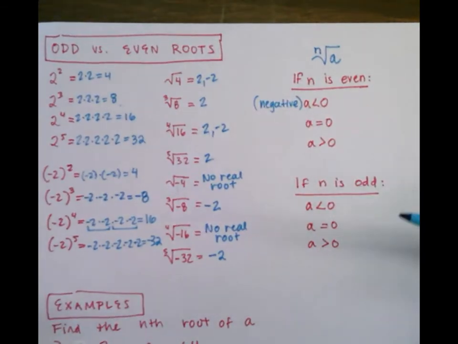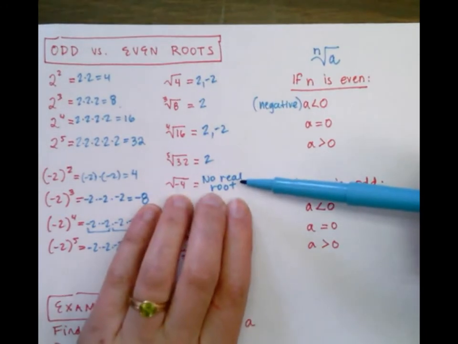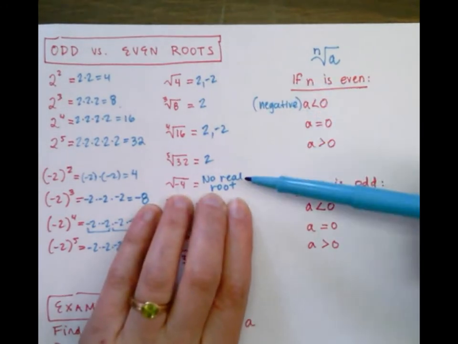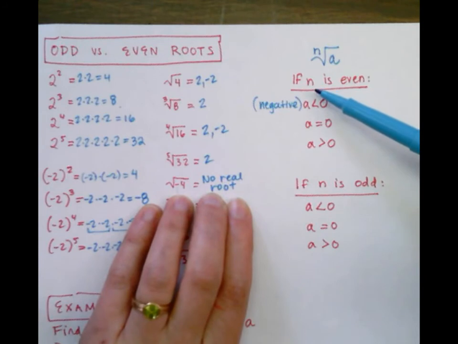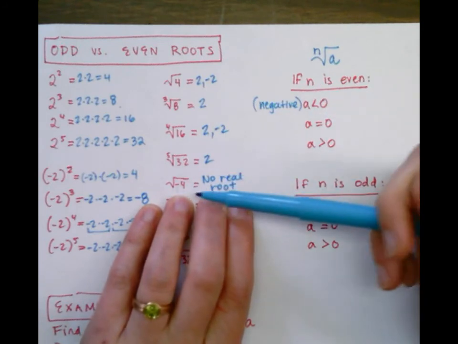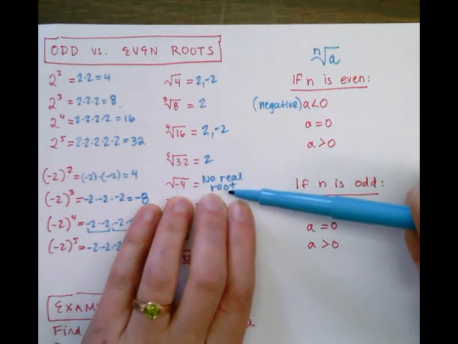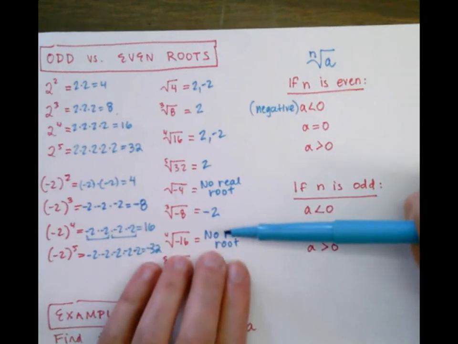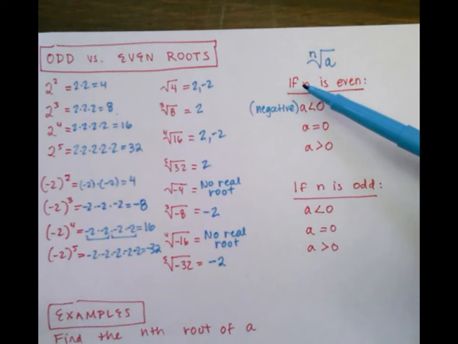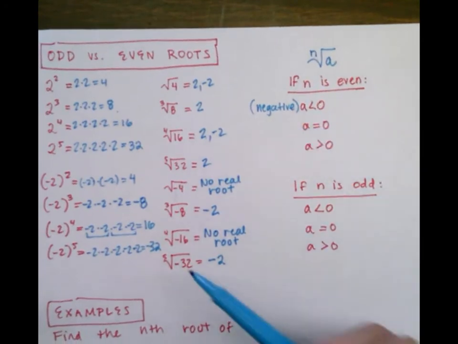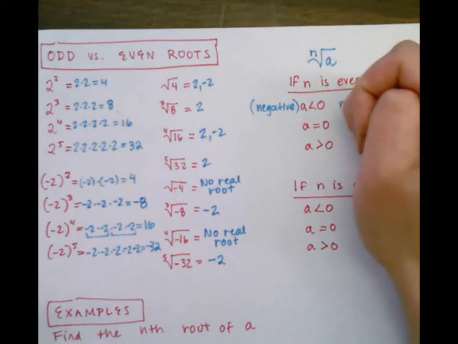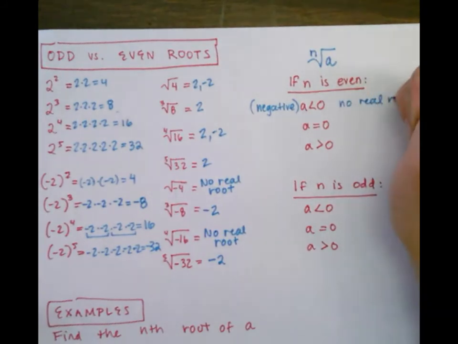Well, there were 2 times where a is negative and n is even. So we have the square root of negative 4, and we saw we got no real roots. Or we had the 4th root of negative 16, and we also got no real roots. So anytime your root is even, you're not going to be able to get an even root of a negative number. So it will always be no real roots here.